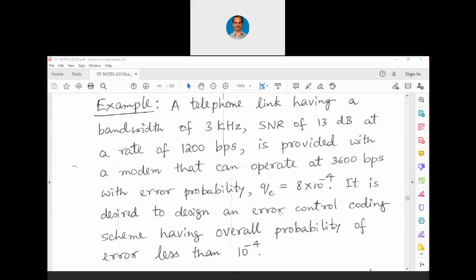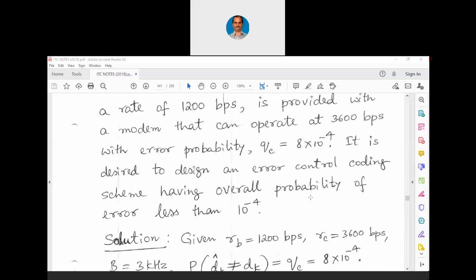It is desired to design an error control coding scheme having overall probability of error less than 10 power minus 4, which means we want to have an error which is 10 power minus 4. Now the error probability given is 8 times more, that is 8 into 10 power minus 4. So we have to find out how can we achieve a lesser error for the given communication system.